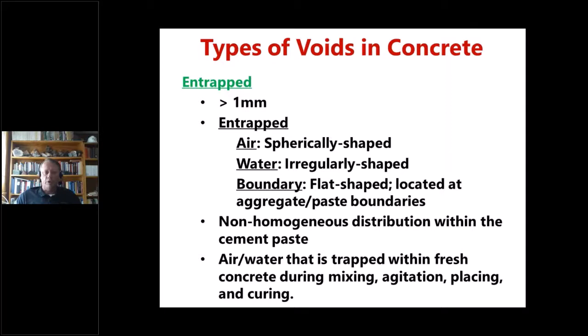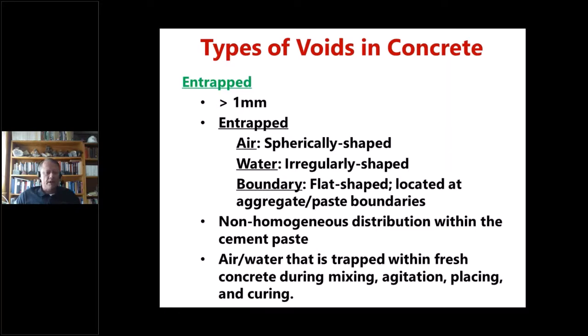An entrapped water void is one that has a little bit more of an irregular shape to it, even though now it's air in the hardened concrete. When it was in place, it was full of water. And then a boundary void, which is flat. It's flat shaped and located at the boundary between the paste and the aggregates. I'll show you some pictures here in a second.